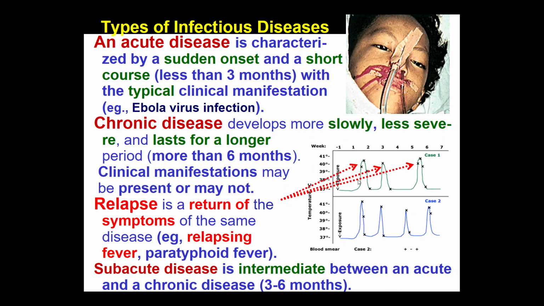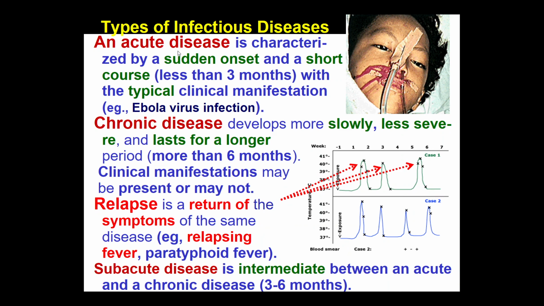After that, very quickly, before the second week, it increases up to 40 Celsius. 1 or 2 days after that, it normalizes again for this first relapse. After that the second relapse happens, then the third, and an analogous situation you see in case number 2, but the number of relapses is higher. It means relapse is the return of the symptoms. Some diseases are named relapsing fevers because they have a typical timetable of changing clinical manifestations and periods of fever.